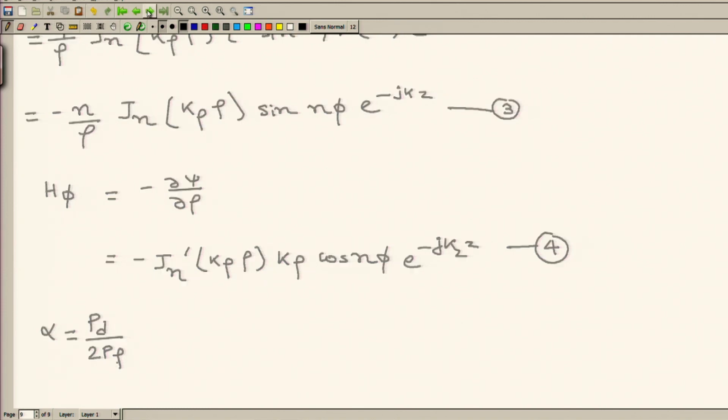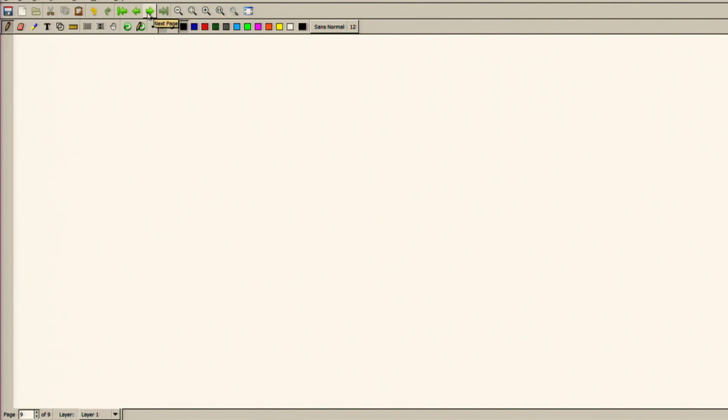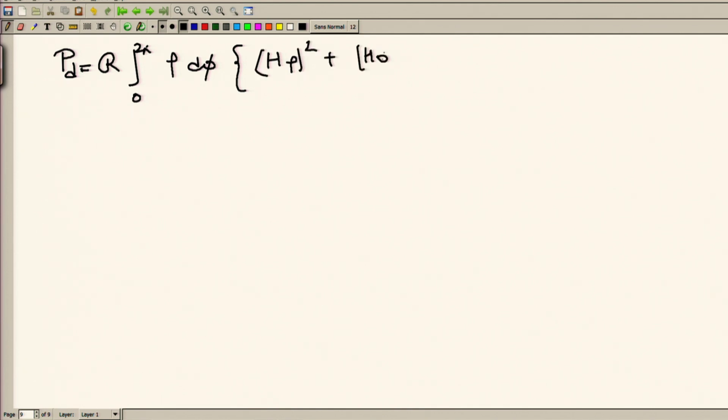P d we can write as R times the integration from 0 to 2 pi of rho d phi, and here we will have H rho square plus H phi square at rho equals a and z equals 0.